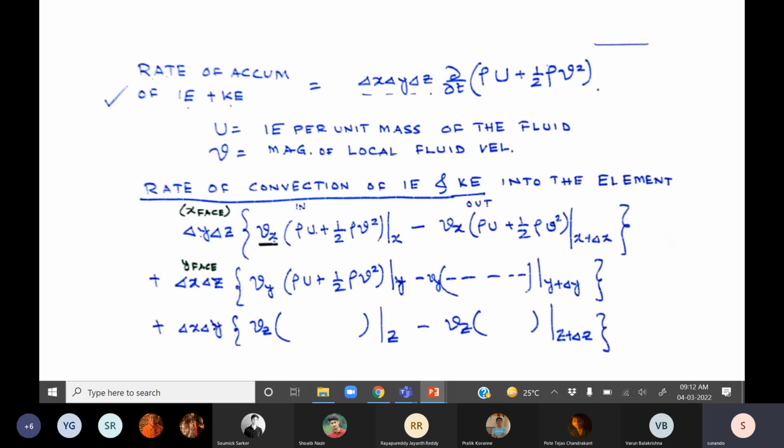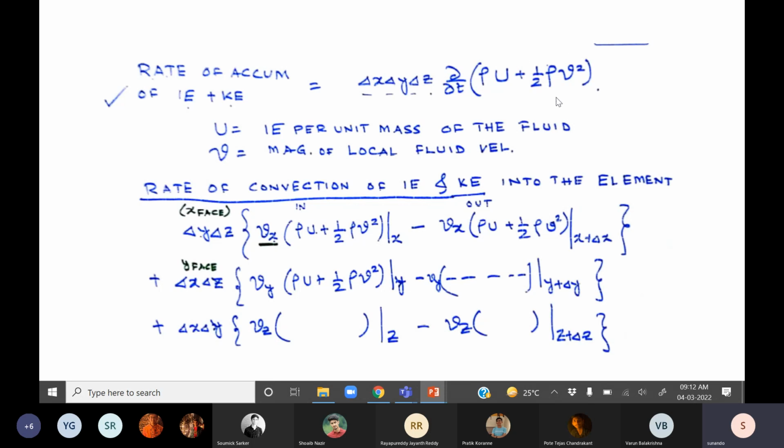So similar to that, here also all energy terms are expressed in the form of rate of energy per unit volume. So that's why we have this rho multiplied by U, where U is to be expressed as internal energy per unit mass of the fluid, and you multiply it with rho.